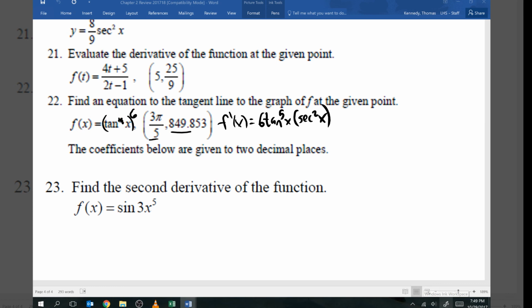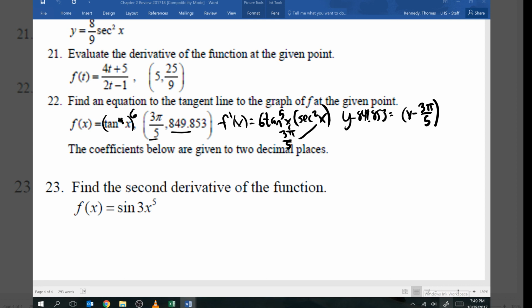And then you're just going to plug 3 pi over 5 in for x in both of these spots, and figure out what those are, and then do y minus y1 equals whatever that answer is when you plug 3 pi over 5 in there, times x minus x1, which is 3 pi over 5. And that would be your equation.